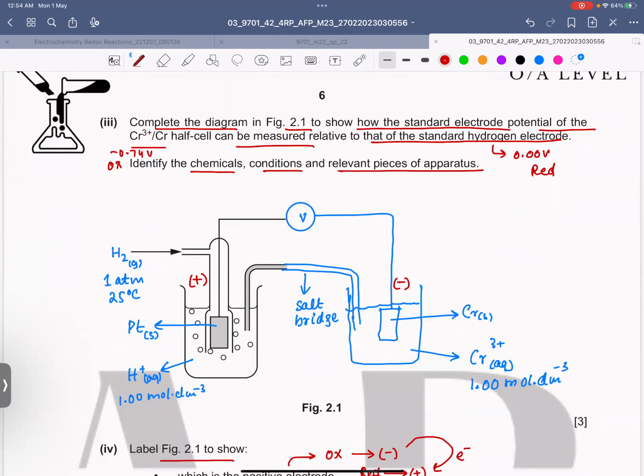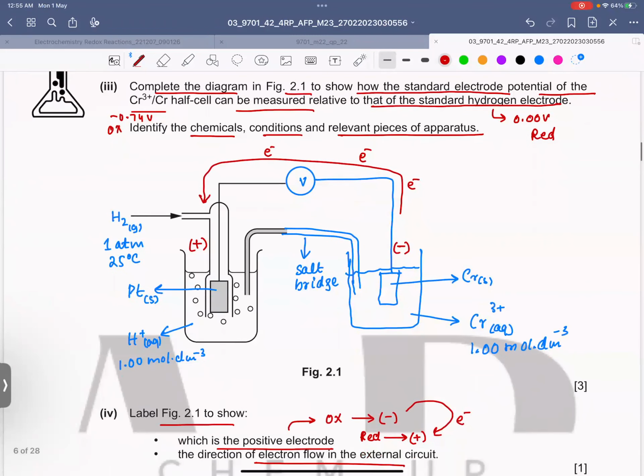Okay. And the flow of electrons is from here to here. Electron flow is from the half cell where oxidation is taking place towards the half cell where the reduction is taking place. Is this understandable to everyone? Yes, sir.